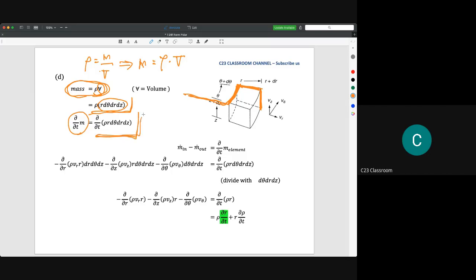Then what we need to do is substitute all the terms that we got into this equation. We have m dot inlet minus mass flow rate at outlet equal to dm dt. So we substitute all these three equations that we calculated previously, and we substitute the dm dt with what we have here.